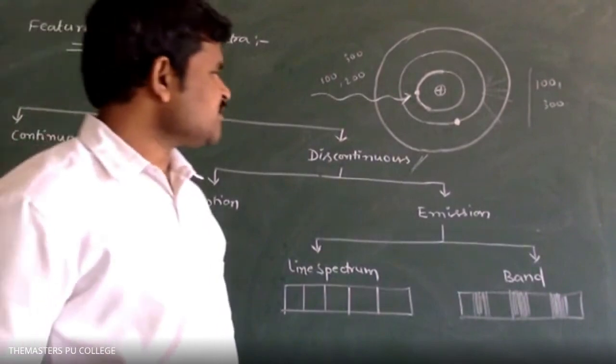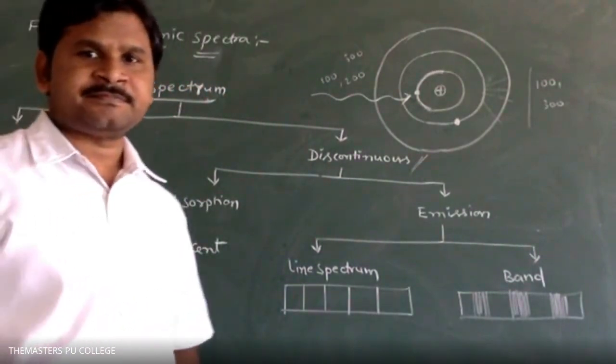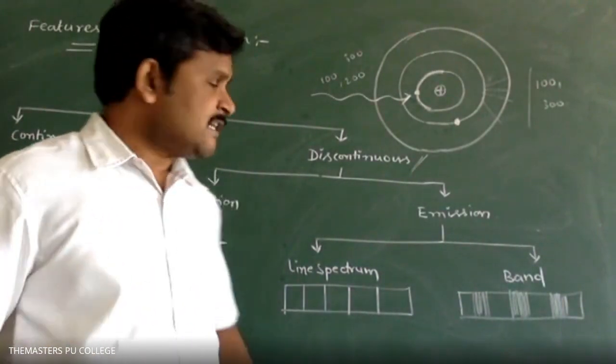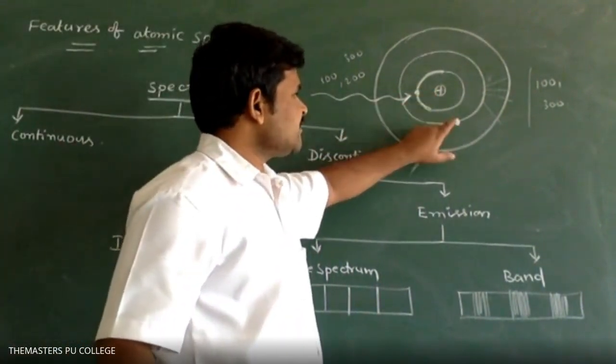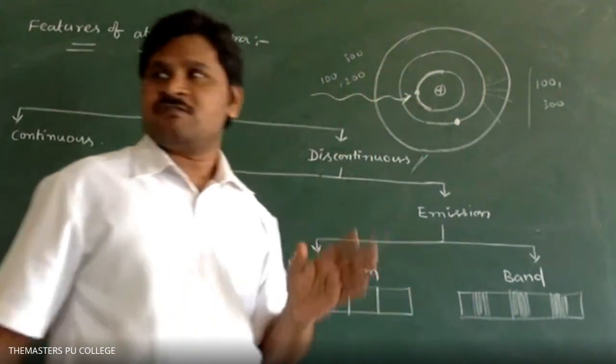How is band spectrum produced? It is a transition between electron levels, higher to lower. Then how do you get this?